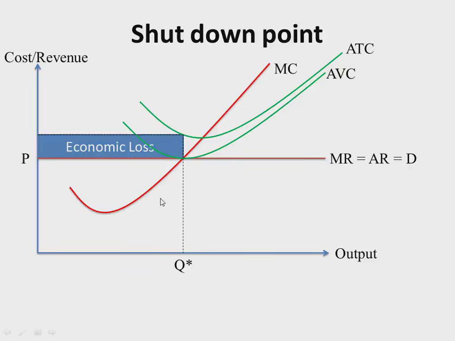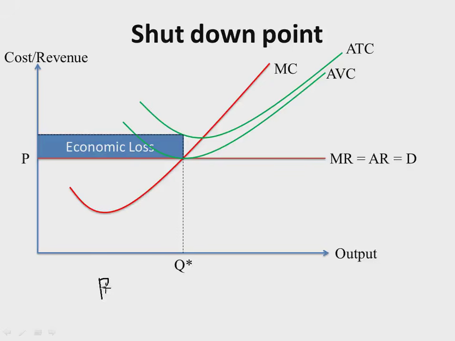At this point then, when the price is equal to the minimum average variable cost, at this level, the firm should be deciding whether to continue producing or not.